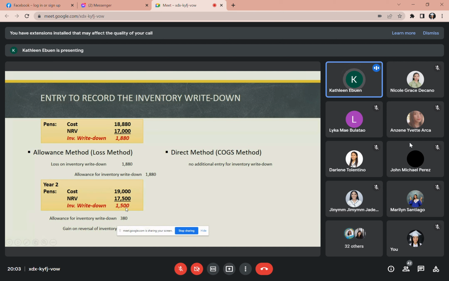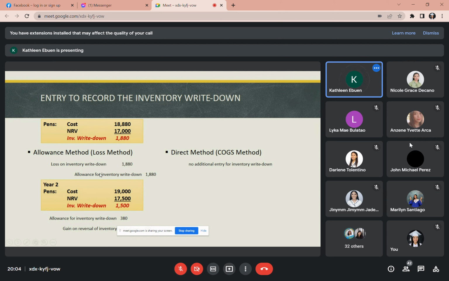On the year 2, dapat ang magre-reflect lang po na allowance for inventory write-down is 1,500. So therefore, kailangan nating bawasan yung first adjustment na na-record natin na 1,880. Okay, so para mag-reflect po na dapat 1,500 lang po yung inventory write-down natin this year.